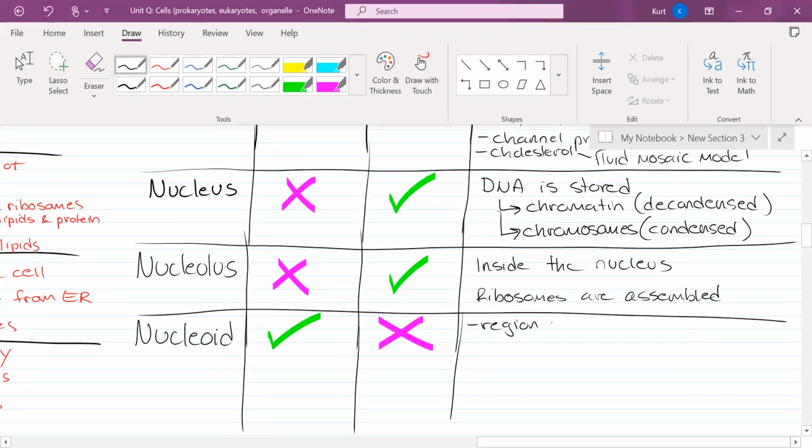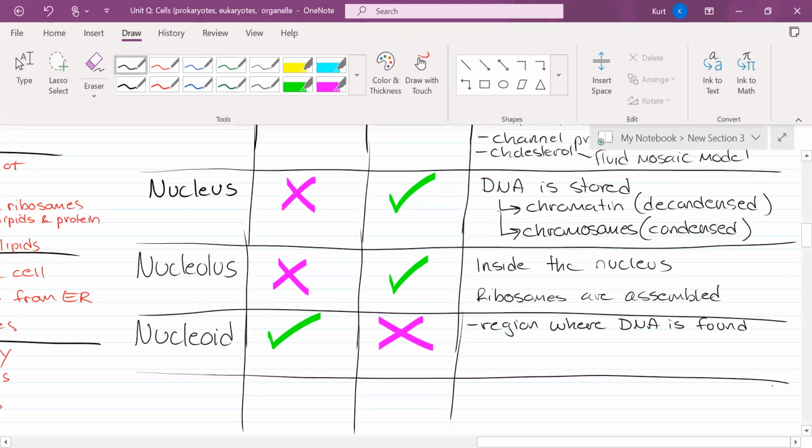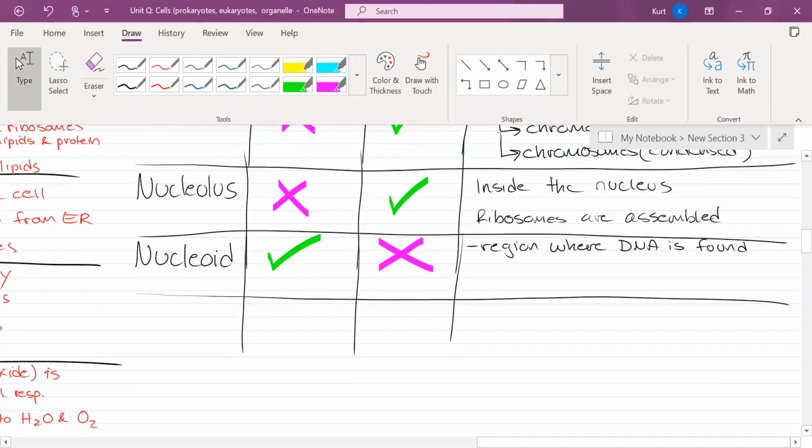It's an area where DNA is found in a prokaryote. If you've ever been in an airplane and you've flown through a cloud, the airplane didn't have to go through a wall. It just goes through the cloud. That's kind of like what a nucleoid is. It's just an area inside the cell of a prokaryote where you would typically find the DNA. Okay?